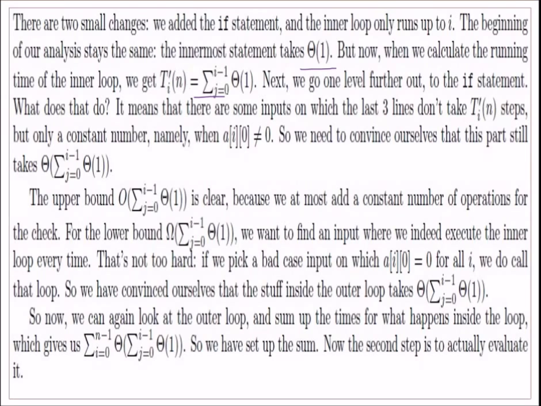Now this is j from 0 to i minus 1 because it is dependent on i. Now we go one level further out, that is, we have the if also. What does the if do? It means that there are some inputs on which these last three lines don't take place, but only a constant number, say a[i][0] not equal to 0.